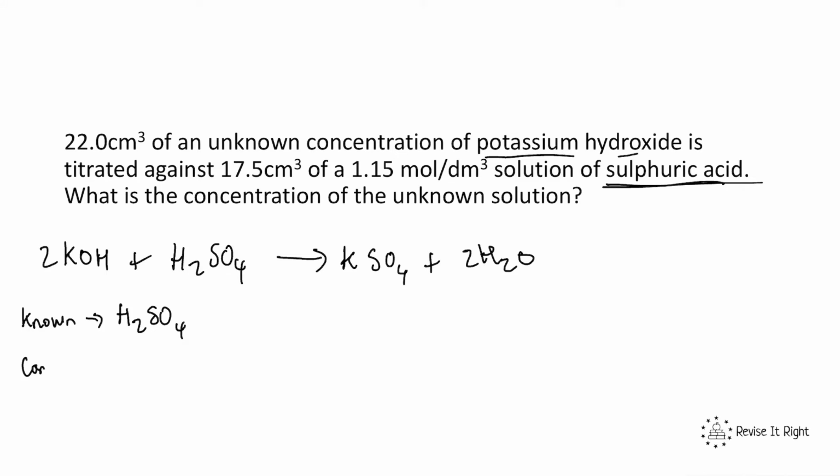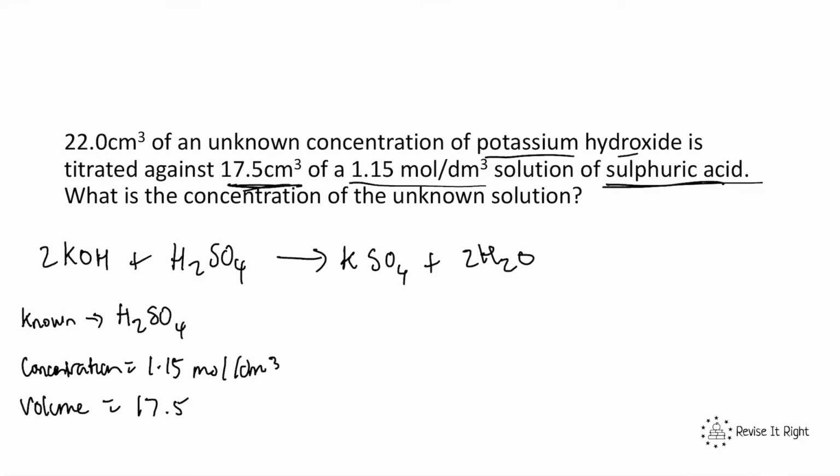Now the concentration of our sulfuric acid, if we look, is 1.15 moles per dm cubed. And our volume, if we look, is 17.5. So again, we're getting that from the equation here. We're going to divide that by 1,000 to get it into decimeters cubed, which gives us 0.0175 decimeters cubed.